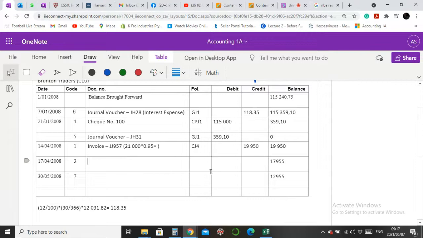Okay, cool. 2 more transactions, almost done. On the 17th, it says request a rebate on invoice number JJ957 because the goods purchased were of inferior quality. Received credit note number NT14 from Brunton Traders.